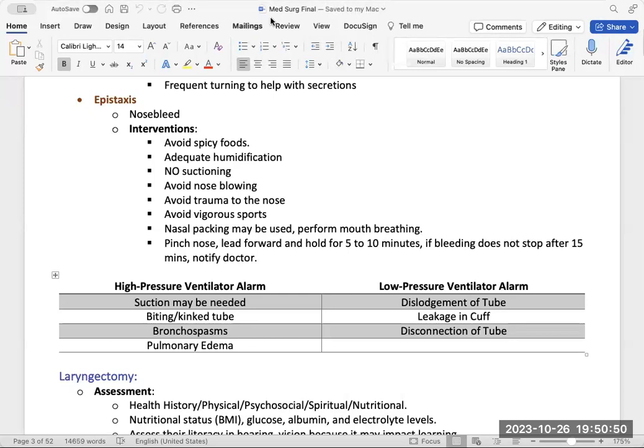Okay. What else? Should I put things in this patient's nose if they're bleeding? No, I don't think so. You have to avoid anything that causes nasal trauma, like picking at their nose, blowing forcefully, spicy foods, or really high exercise.